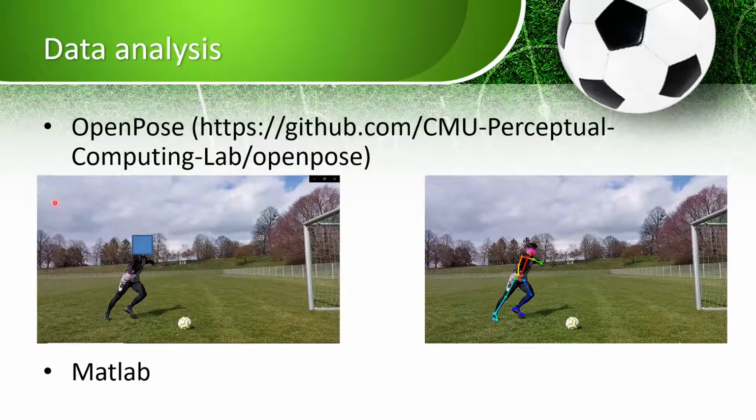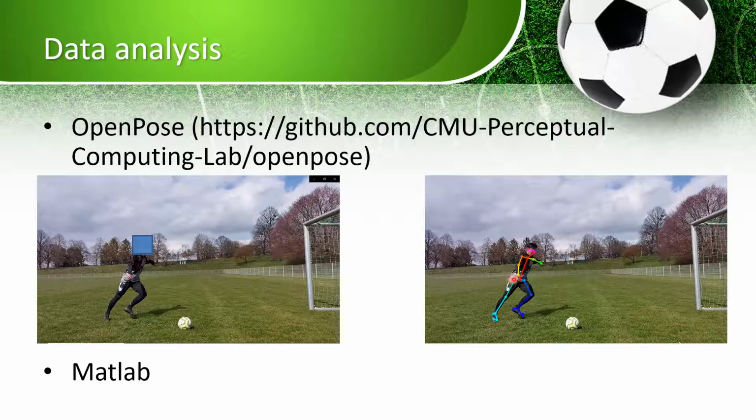Okay, so data analysis. What I use for data analysis is called OpenPose. It's open source from GitHub, and what it does is you just input the video and OpenPose separates the video into frames and outputs the joint positions, the XY position of the joints.